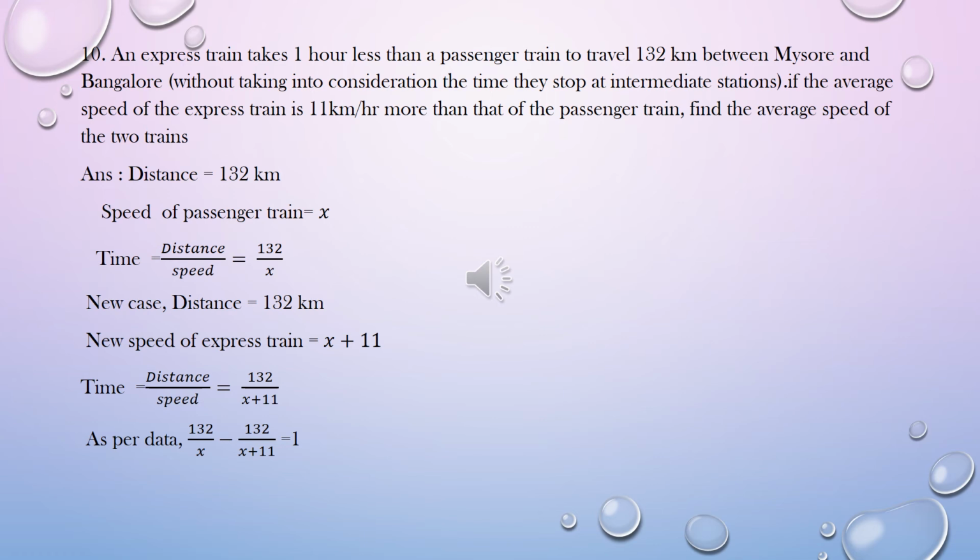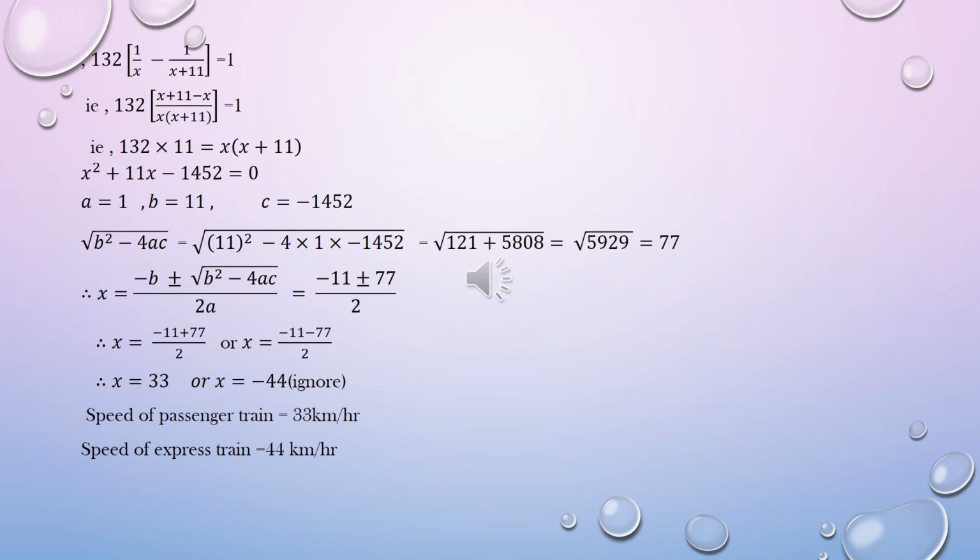Let us take speed of the passenger train is equal to x. So as the distance covered is 132 kilometer, we can write time is equal to distance by speed, which is equal to 132 by x. Taking 132 common, we have 132 into 1 by x minus 1 by x plus 11 is equal to 1.